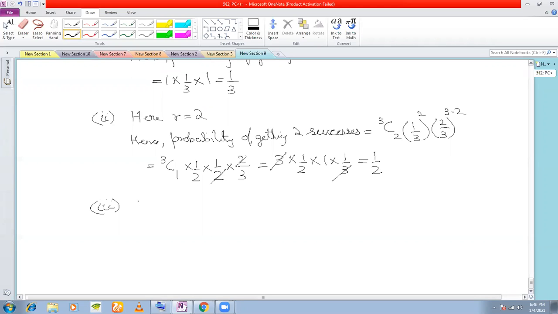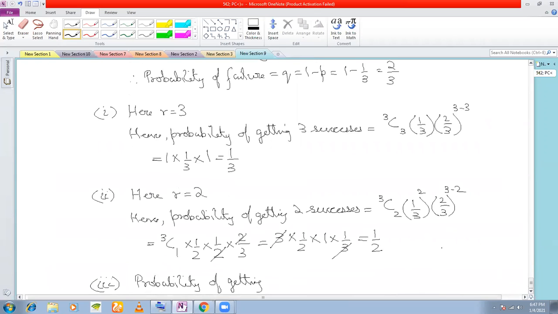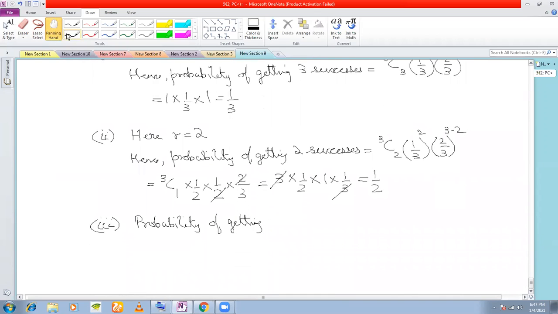So the probability of getting at most 2 successes is composed of 3 mutually exclusive events.